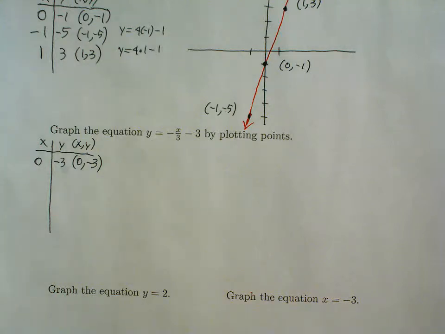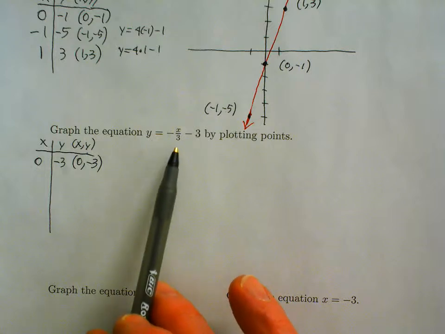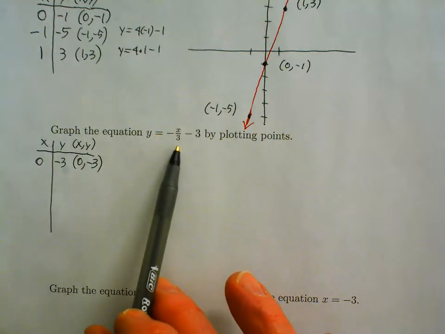So if you want to avoid fractions, you can. If I pick x to be a multiple of 3, 3 is a multiple of 3, 6 is a multiple of 3, and so on, or negative 3 is a multiple of 3. You're not required to pick a multiple of 3, but you can if you want.